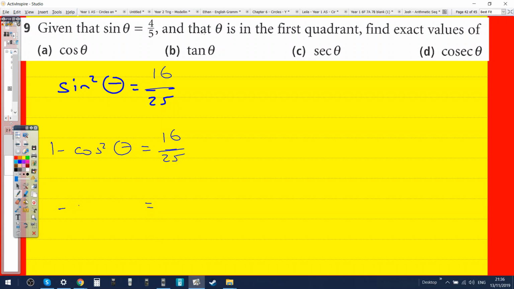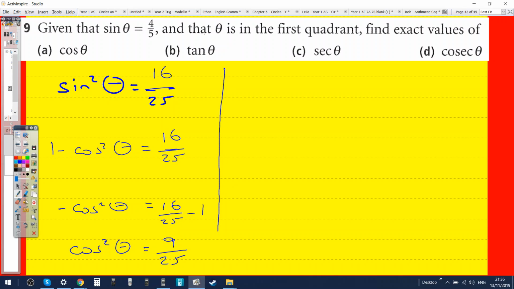And that gives you 9 over 25. What would you do next? And don't forget your plus or minus. And so we got the same answer using a different method. Whichever one you prefer.